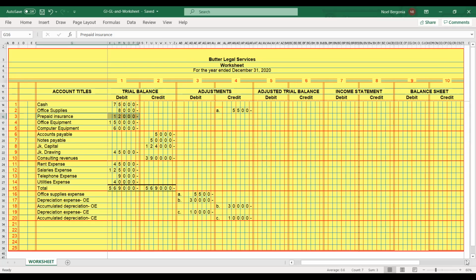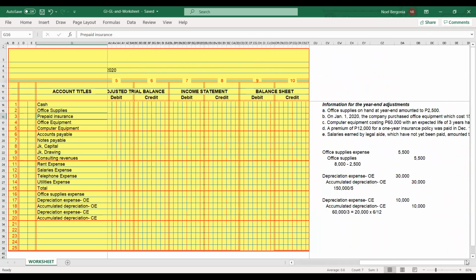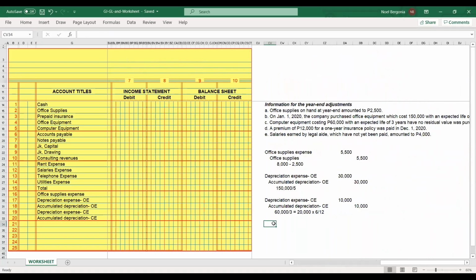So kung expired portion yan, tignan natin yung dapat na maging adjusting niya. So kung expired portion yon, that should be a debit to what? Insurance expense. Diba? Insurance expense. And then we credit the prepaid insurance account. So ilang buwan po yung lumipas? Prepaid insurance account, ilang buwan na yung lumipas. So we have paid for 12,000. Okay, tapos ilang buwan na lumipas since we have paid it starting December.